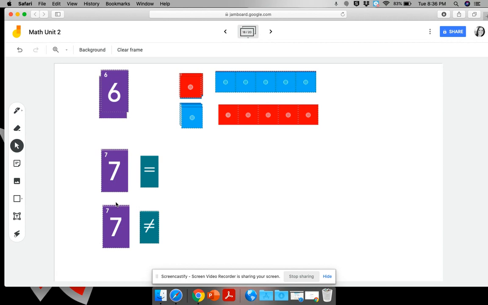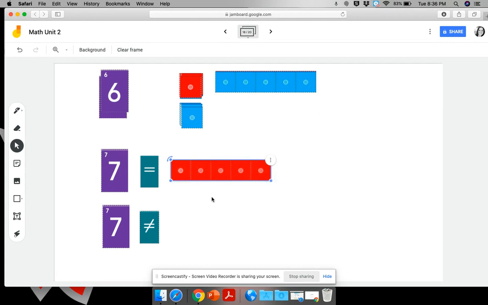I want you to have your 7 and your equal sign, or your 7 and your not equal sign. We are going to say 7 equals, how many 5 groups am I going to use? 1. So I'm going to say 5, count with me, 6, 7. Take some time, draw your 5 squares or use your 5 group. 6, 7.